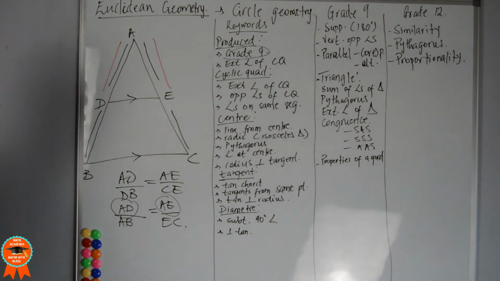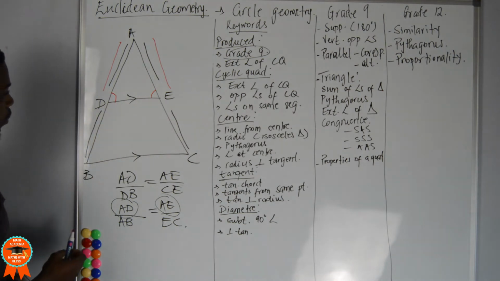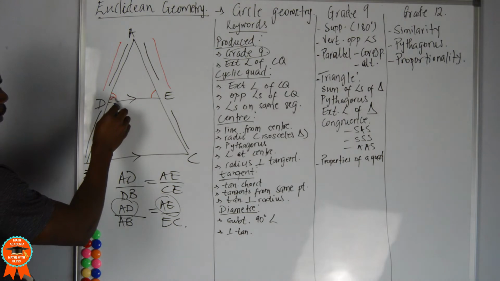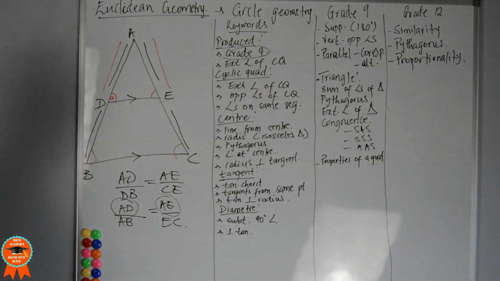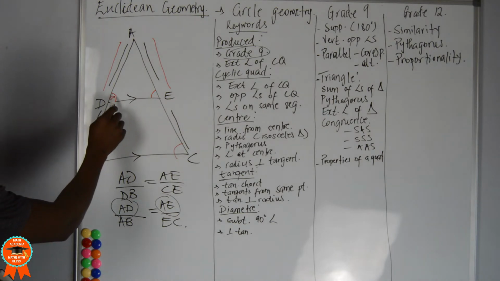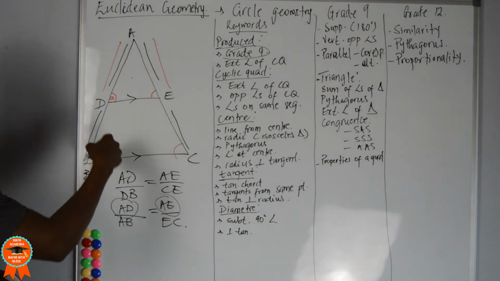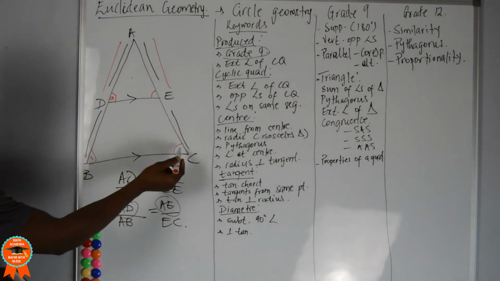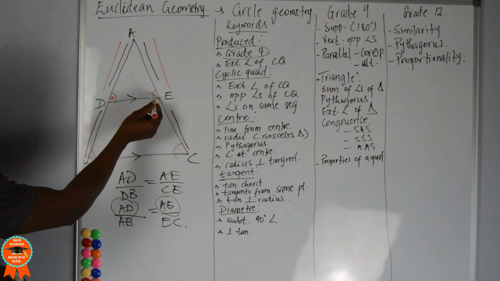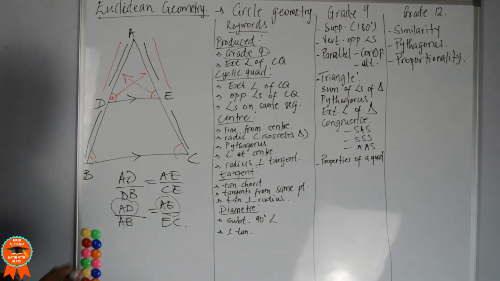This angle is equal to this angle because of parallel lines, corresponding. So in this case, we can prove similarity between this triangle and the bigger triangle. This angle corresponds with that one, and this one corresponds with that one. This angle is opposite to that side, so it also corresponds to that side.